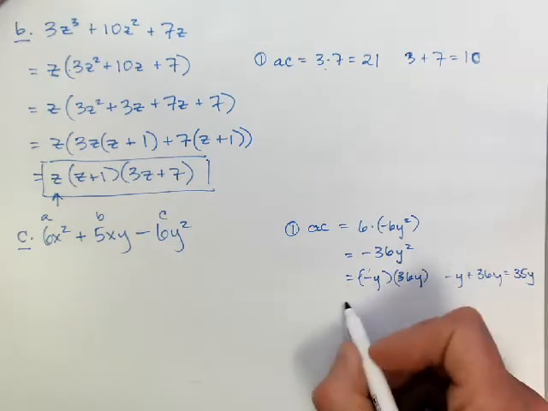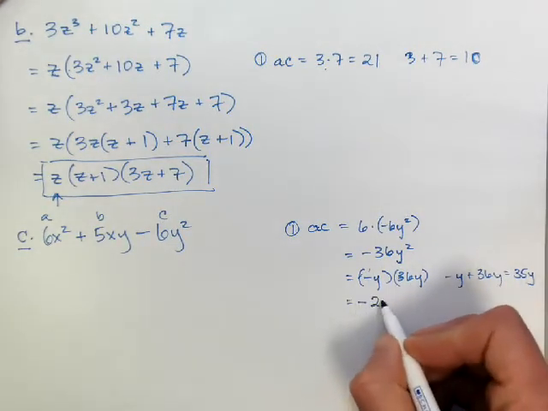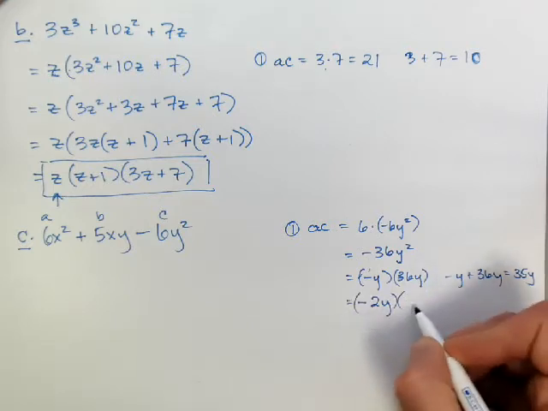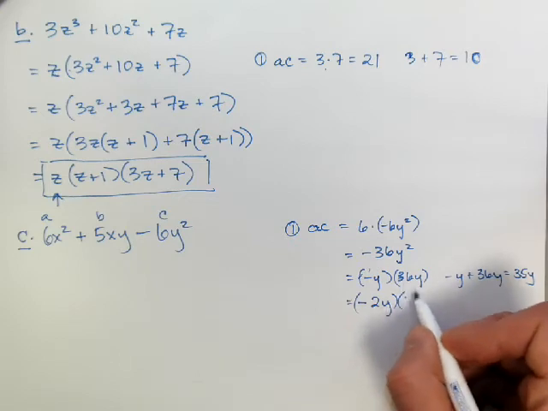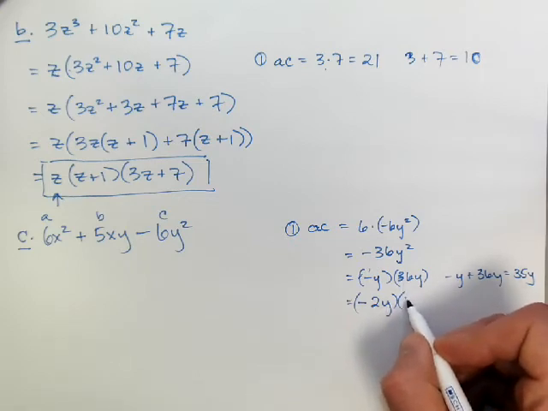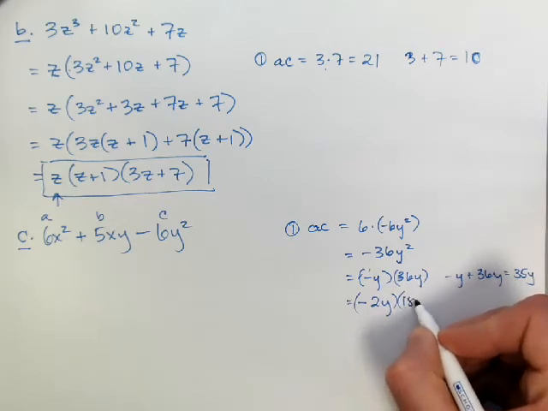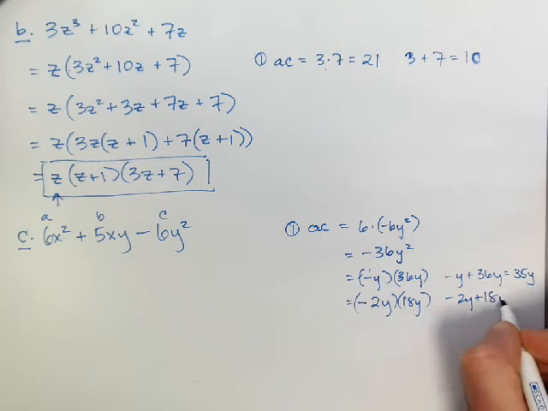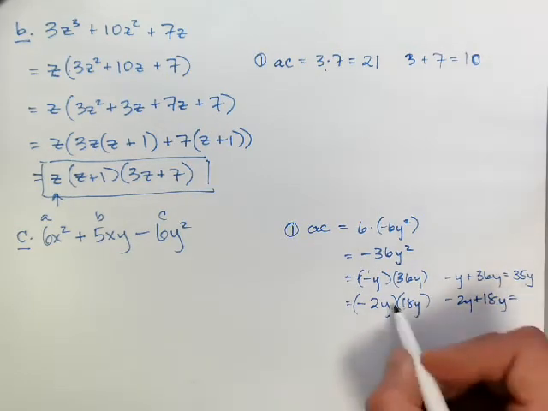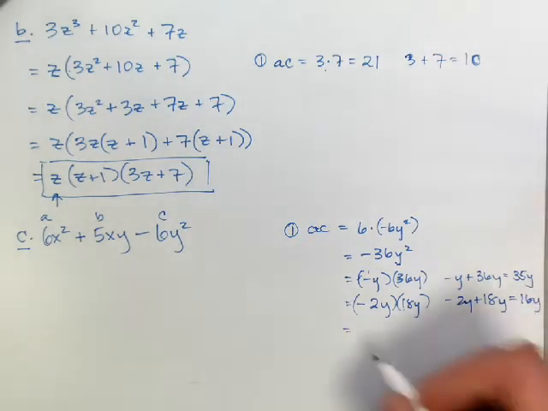Okay, then we look at maybe a negative 2y times positive 18y. Again, a little too big. Positive 16y. All right, but we're getting a little closer, narrowing it down.